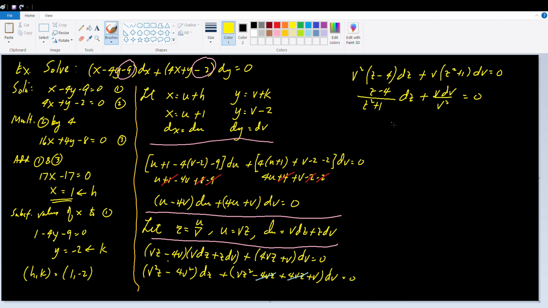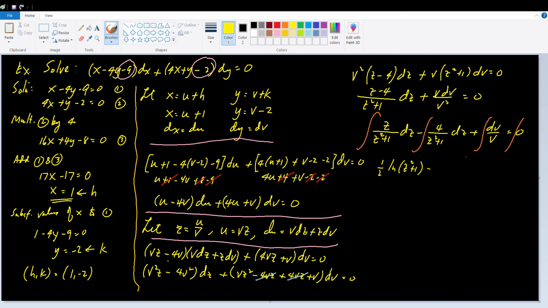The first term, we can separate this into 2. c over c squared plus 1 dc minus 4 over c squared plus 1 dc plus dv over v equal to 0. We proceed by integrating each term. c dc over c squared plus 1 is 1/2 ln of c squared plus 1 minus 4 dc over c squared plus 1.